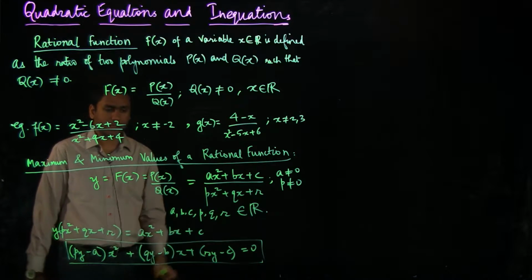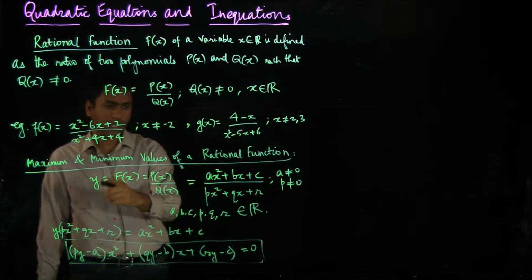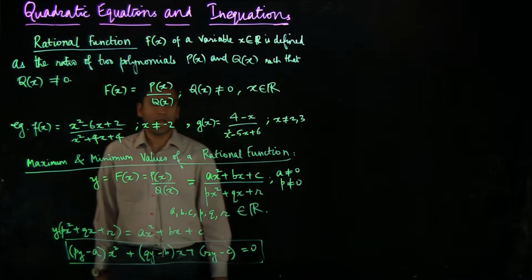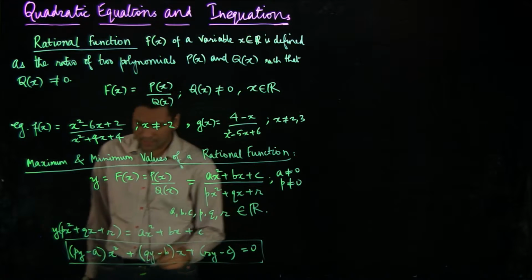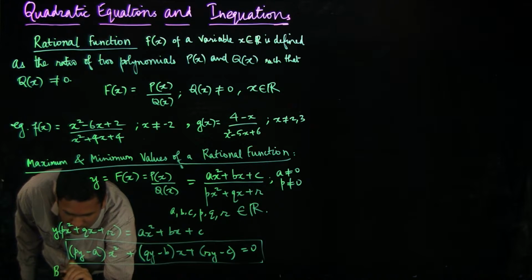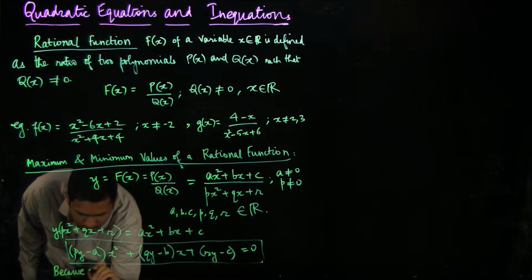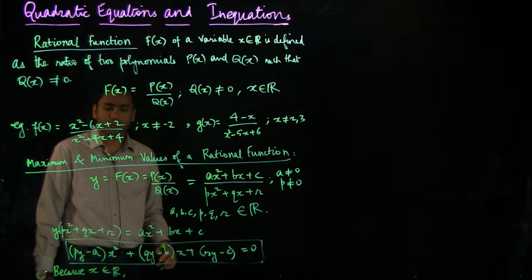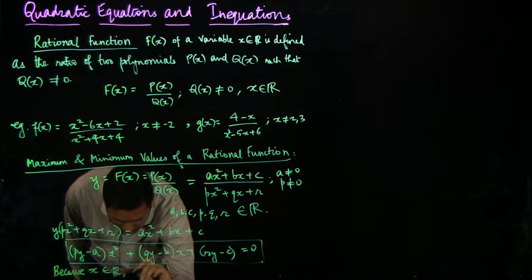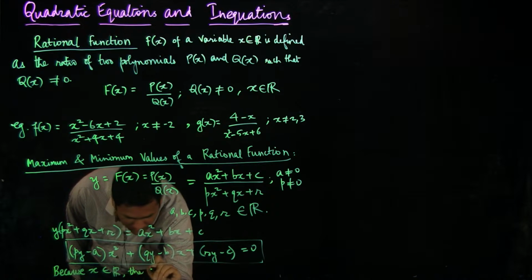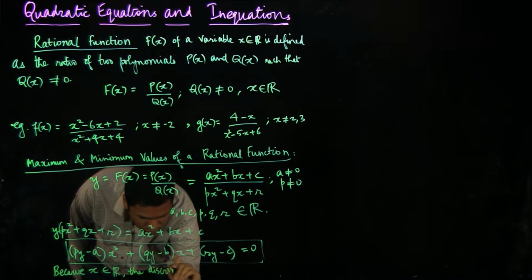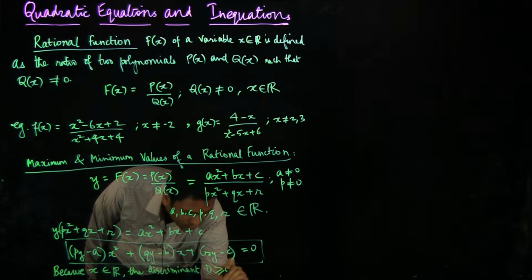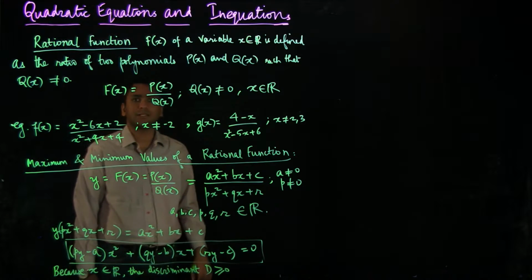So we know that this equation has to be true if y equals f(x) is the ratio of these two quadratic polynomials. And because x belongs to the set of real numbers, the discriminant D should be greater than or equal to 0, and this leads us to an inequality.